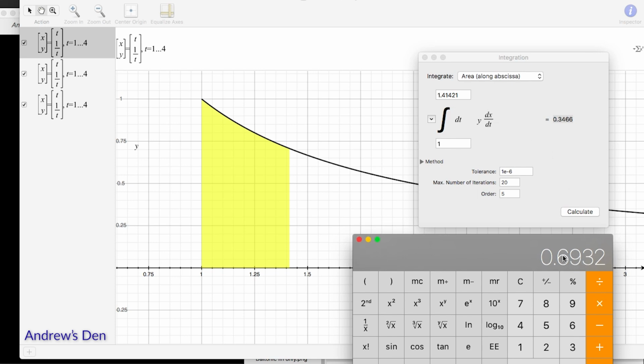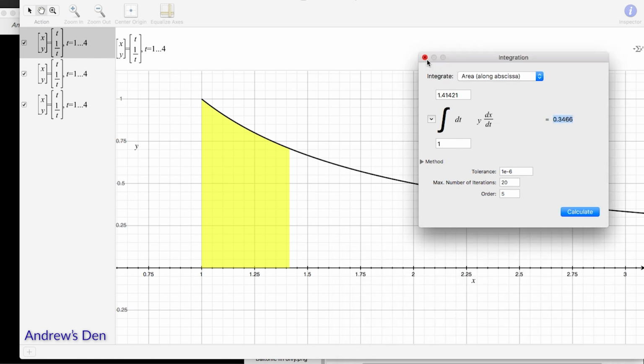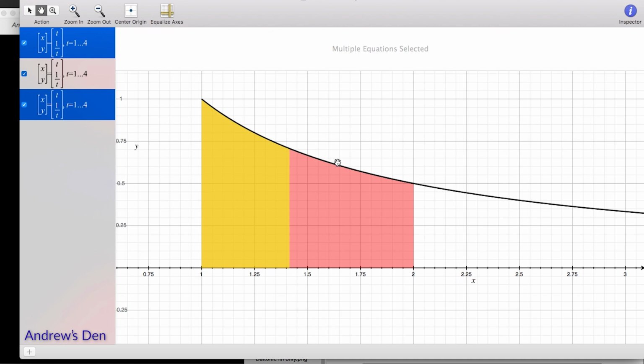So that is the natural logarithm of 2, which shows us that this area here for the square root of 2, the tritone, which would be like C to F sharp, an example of a tritone or a diminished fifth, that area in yellow is the same as this area here in red. And that's how we hear in terms of natural logarithm.